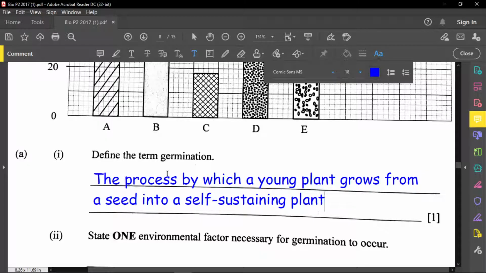So that means the plant will be able now to photosynthesize. That's when germination actually ends. All right, so the process by which a young plant grows from a seed into a self-sustaining plant. All right, so that's what germination is.